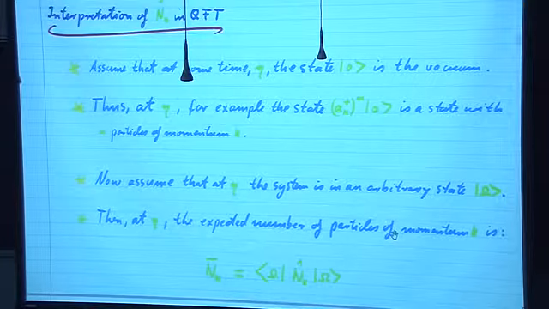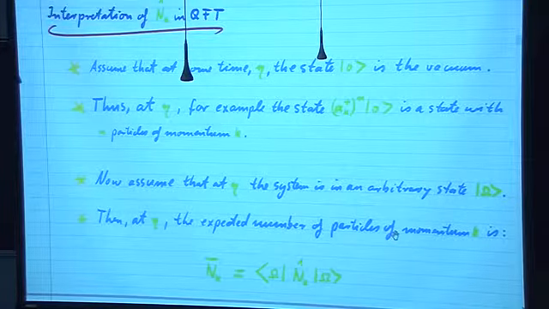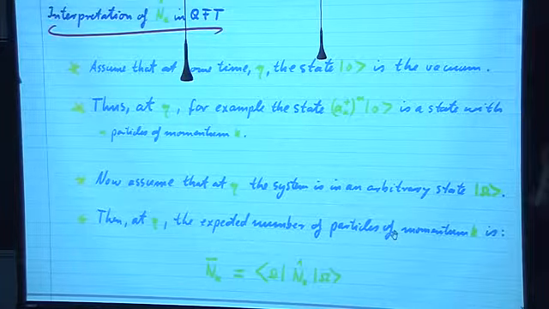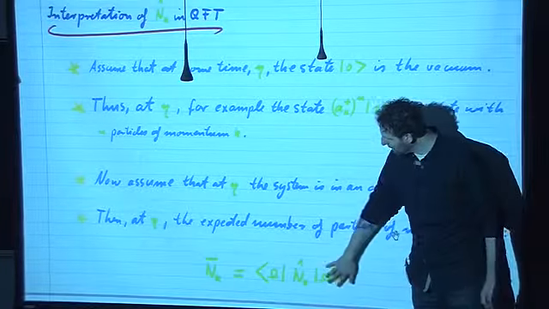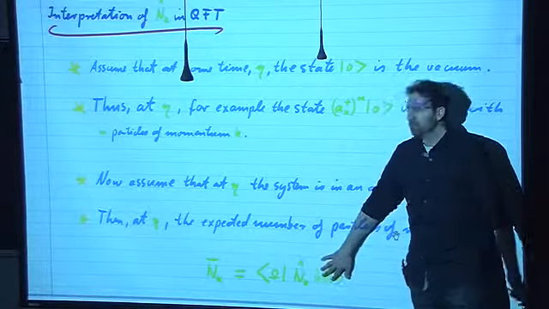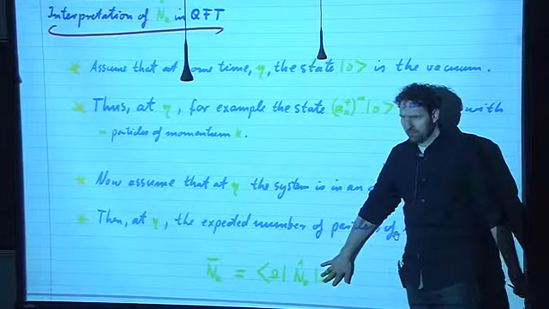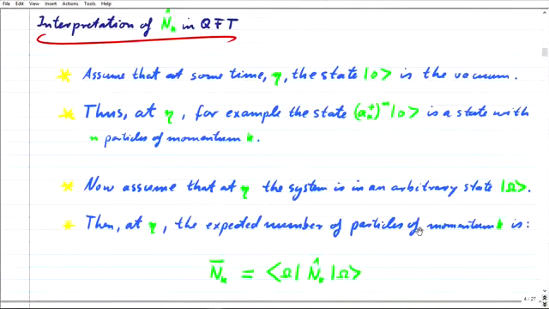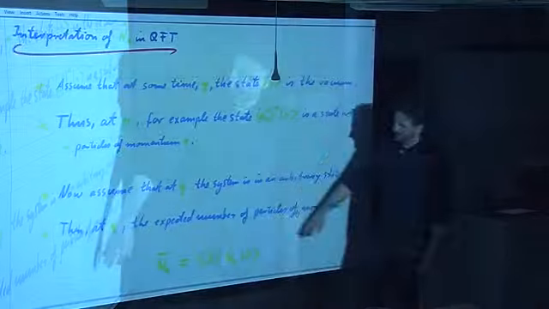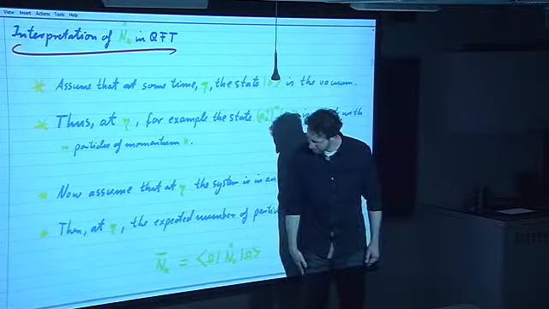Then we can calculate the expected number of particles of momentum k as this expectation value. So the state omega might have all sorts of numbers of particles of various momenta in it. If we want to know the expectation value for the number of particles of momentum k, this is the expectation value that we have to calculate.